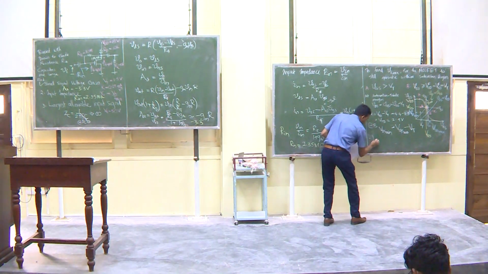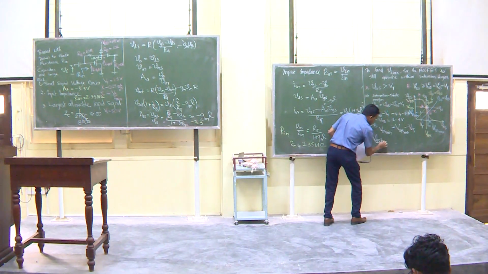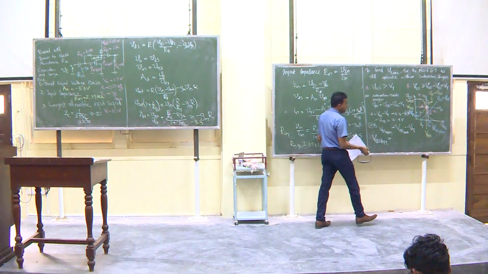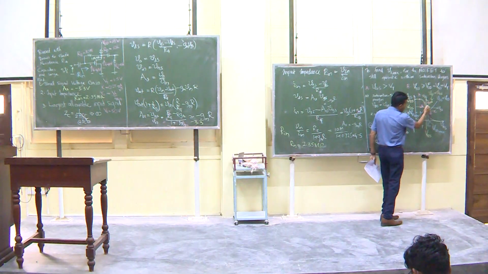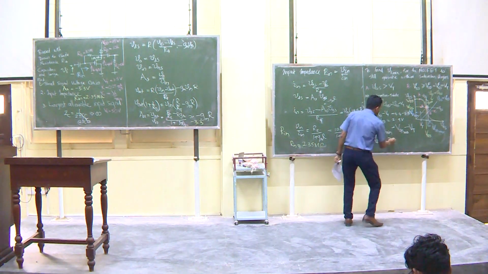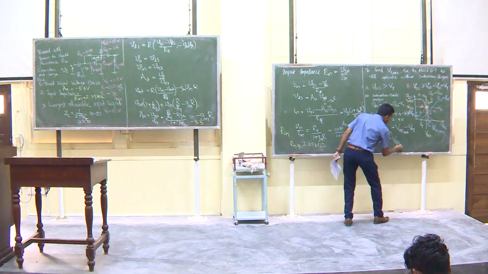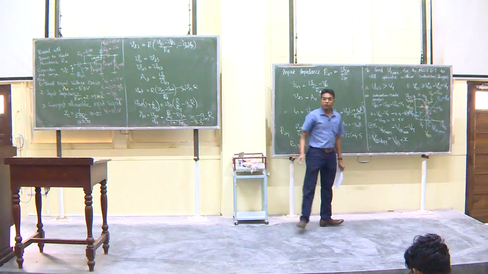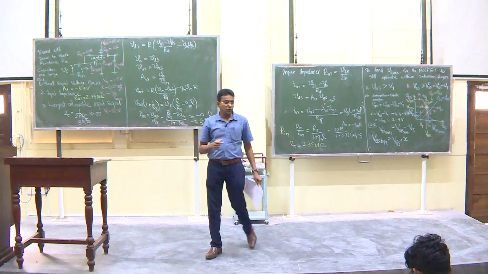What is VGS max? VGS max is equal to operating point plus x, right, VGS plus the small amount x, that is what we want to find out.